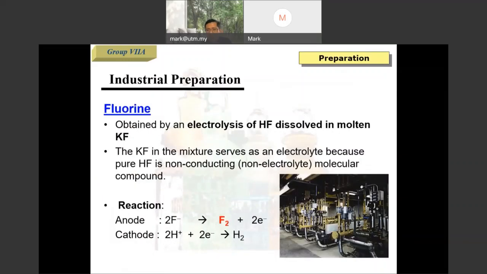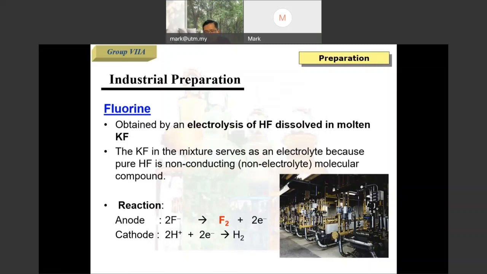All right, so let's look at how it is prepared industrially. Fluorine can be obtained by the electrolysis of hydrogen fluoride dissolved in molten potassium fluoride. The potassium fluoride mixture serves as an electrolyte because pure HF is not conducting.